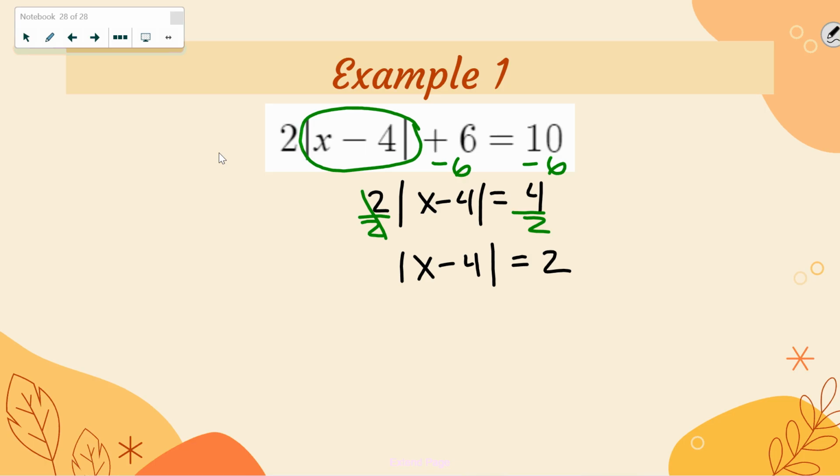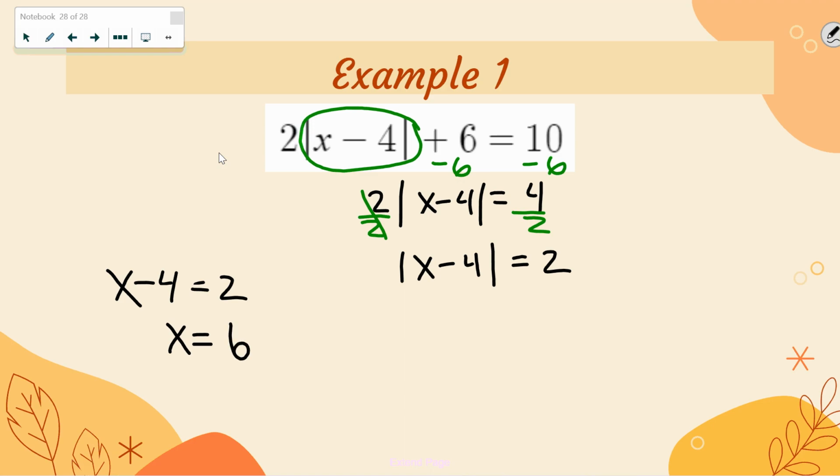Here's where I'm going to check. Do I have that absolute value all by itself? Great. Now that I have it all by itself, this is the point where I can make those two equations. The first one is just as is, drop your absolute value. If x minus 4 equals 2, x would equal 6. Cool.